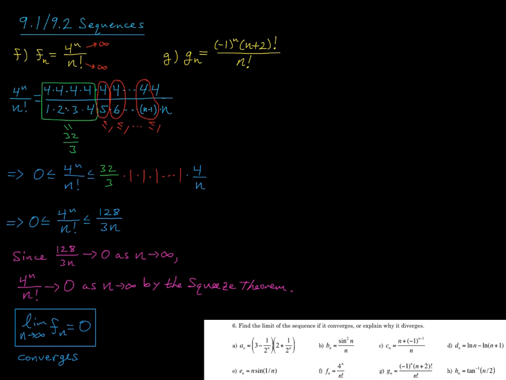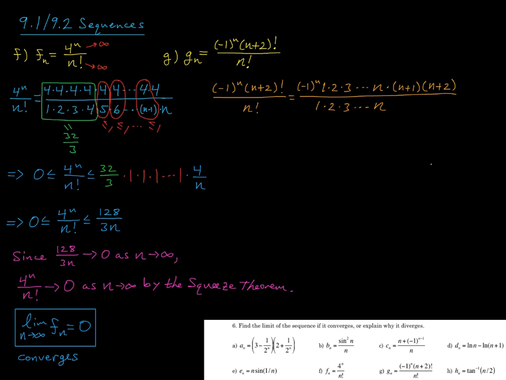All right, cool. So how about part G? We've got g sub n is negative 1 to the n times n plus 2 factorial, all divided by n factorial. Well, with factorials being divided like this, let's write this out in expanded form first and note that there's going to be a whole bunch of nice cancellation. So n plus 2 factorial is 1 times 2 times 3 all the way up until we get to n plus 2.